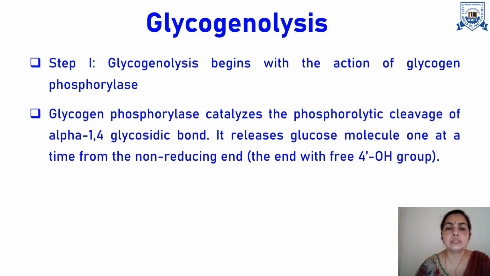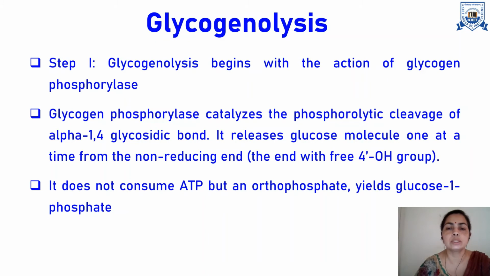Now let's see the steps of glycogenolysis. In step 1, glycogenolysis begins, and for that purpose the important enzyme here is glycogen phosphorylase. This is an essential enzyme, and it initiates the breakdown. What is its important role? It catalyzes the phosphorolytic cleavage of glycosidic bonds.